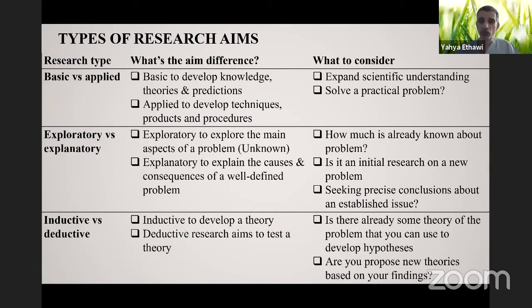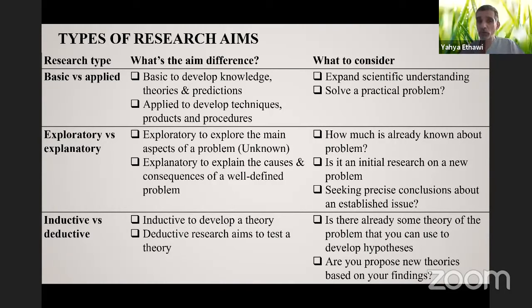While in applied, you apply the technique to have a product from the knowledge, or you do a procedure. Basic research is when you expand your knowledge. You don't have an idea, but you want to build an idea. While in applied, you want to solve a problem. You know the idea, but you need to solve the problem.